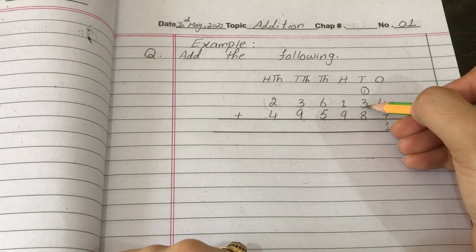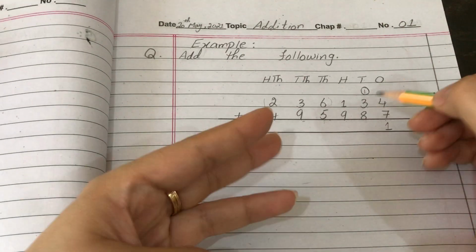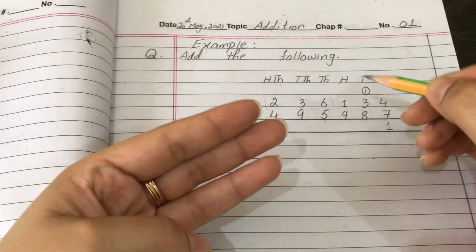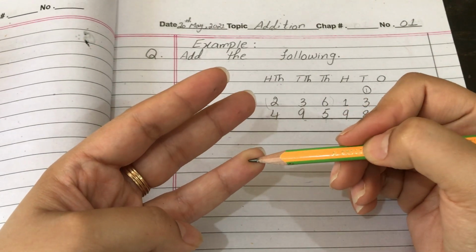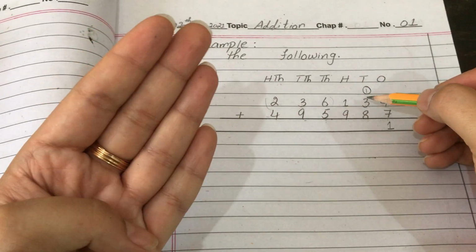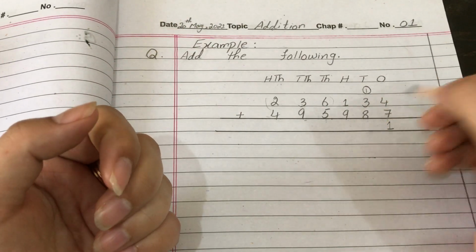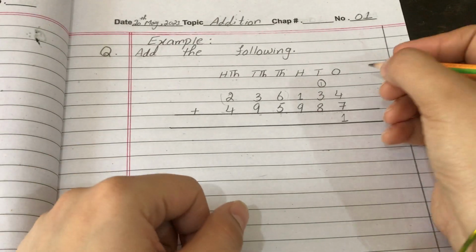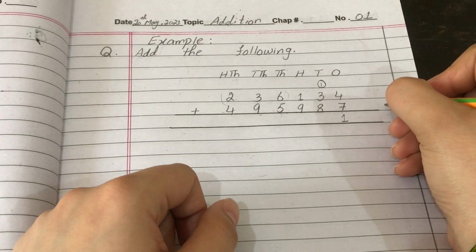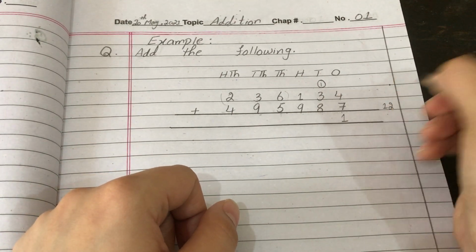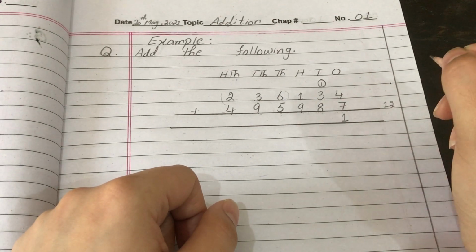Now we have to add the digits in the tens place. The digits in the tens place are 3 and 8. So I have to start counting after 8. What comes after 8? 9, 10 and 11. And don't forget to add your carry, it's 12. Students, if you have any confusion, you can write 12 here separately, right?